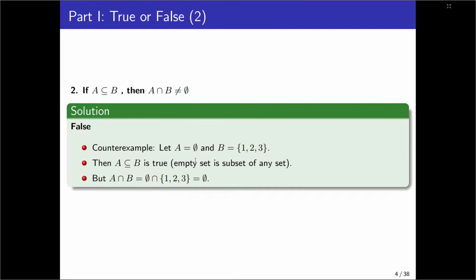So in this case, A intersection B is the empty set intersection the set B containing 1, 2, and 3, so their intersection would be the empty set, which contradicts our question. So that is why the answer for this statement is false.